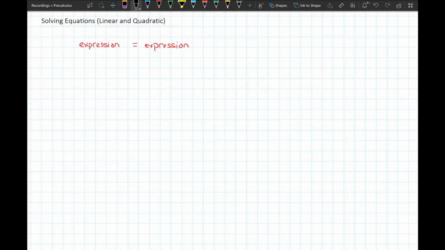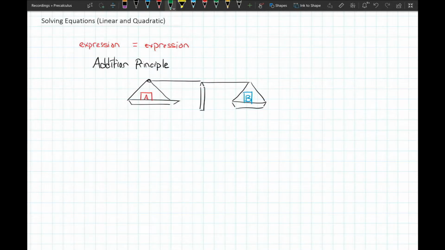Now there's two major principles that we can use on any type of equation. The first principle is the addition principle. If you think of an equation a bit like a set of scales, and we have both sides with equivalent weight, A weighs the same as B. Without tipping the scales, we can add some amount on both sides. As long as we add the same amount on both sides, everything remains balanced.